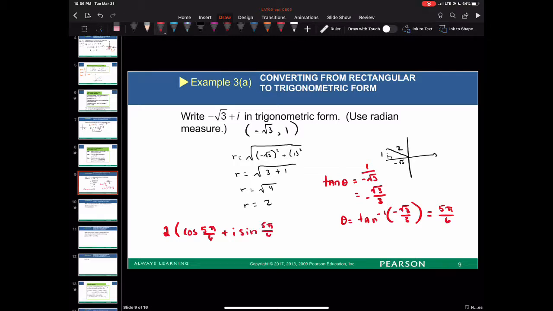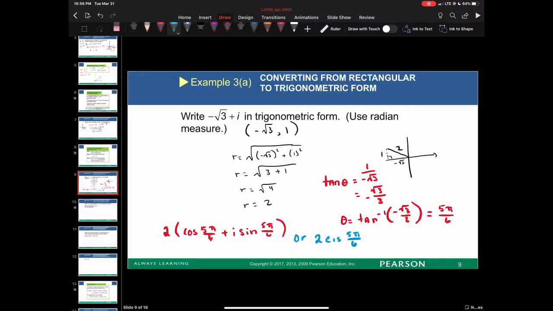And then we're going to close that off. Or you could have done the abbreviated form. You could have said it's 2 times cis of 5 pi over 6, sorry. So it's either or. So don't let it fool you. You can write it shorthand, as you see.